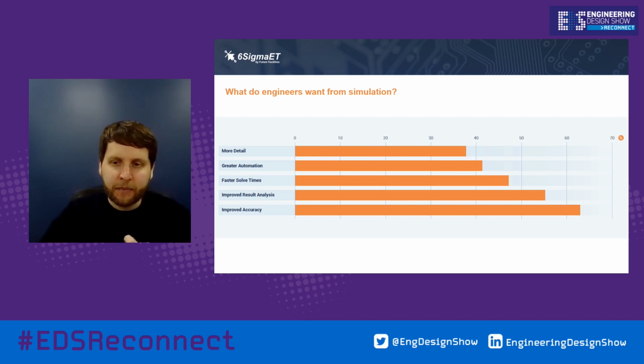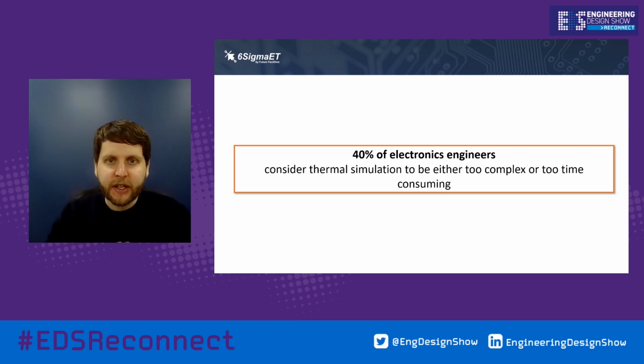I think some engineers have maybe used thermal simulation tools in the past and found them too difficult to use or couldn't get the right results, or maybe they've just got a perception that it's just too difficult. It's not the right tool for them. And I think what I'm trying to show you today is that modern thermal simulation tools like Six Sigma ET really can be really easy to use, and you can really get the data you need to make better design decisions.